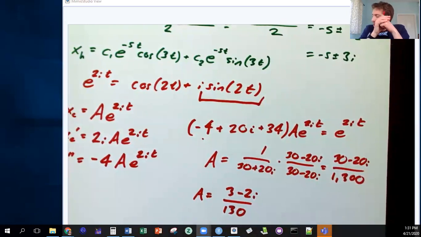So then part C, determine A and B such that yp is a particular solution to 432.